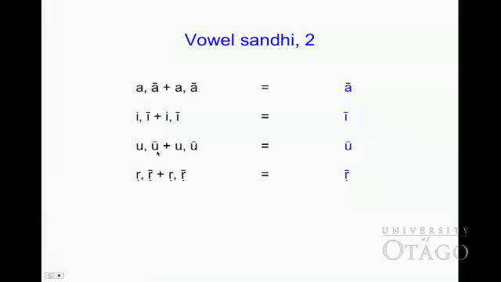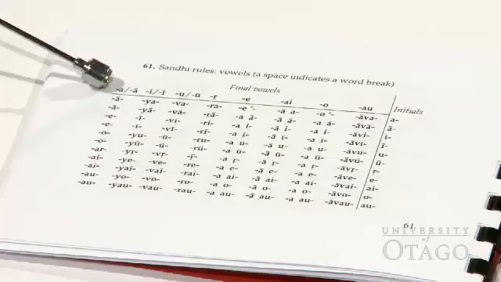U or Uu plus U or Uu will change to Uu. Ri or Rii plus Ri or Rii will change to Rii. If you see from the chart of this book, you see rule number 2 is this one.